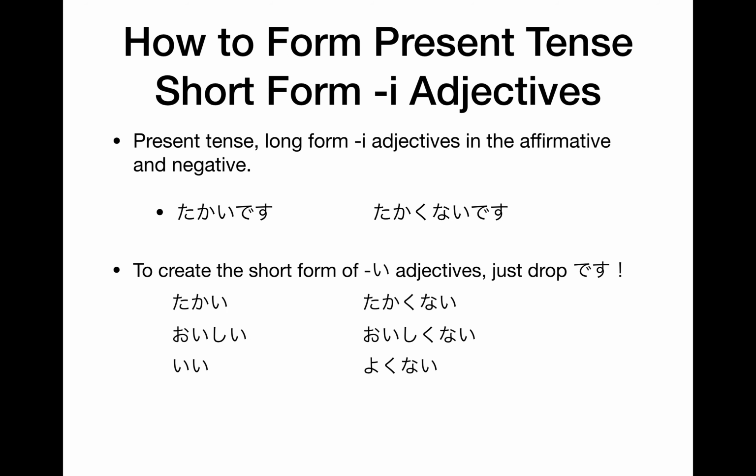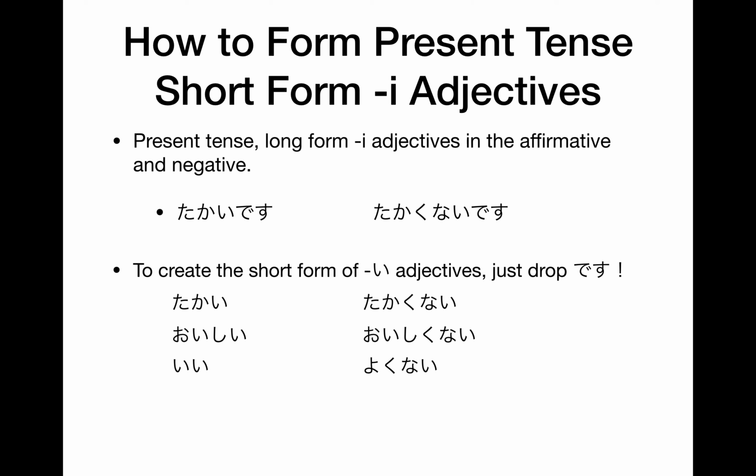Next, we're going to look at adjectives, particularly i-adjectives. So again, we're going to review the present tense long form of i-adjectives. In the affirmative, it becomes takai desu. And in the negative, remember it became takakunai desu. So to get the negative present tense, you drop the final i from that i-adjective and add kunai desu.